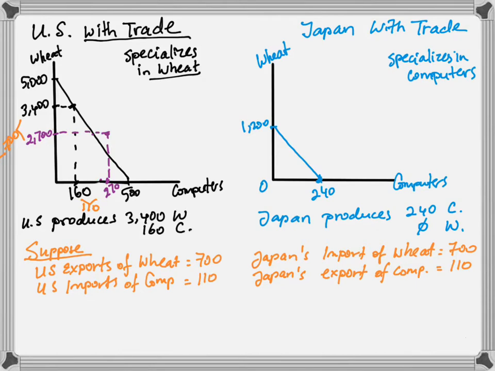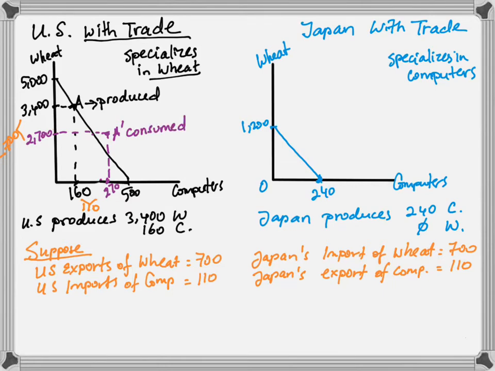Although the United States produces the A combination, so let's put that here. So we have the A combination of goods produced in the United States. We have the, let's say, A prime combination of goods consumed in the United States.